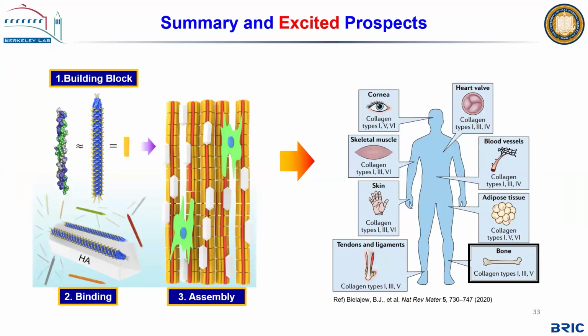And after that we induced the self-templating assembly to induce the bigger structural fibrillar formation and demonstrated crystals and cells growth along the fibrils. So we can now control the growth of the bones and growth of the cells directionally. And this is a very exciting future. So we demonstrated the bone and utilized our virus for the bone tissue engineering.